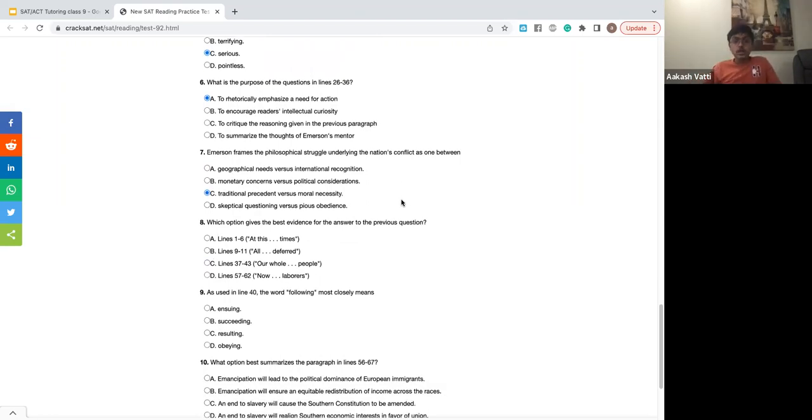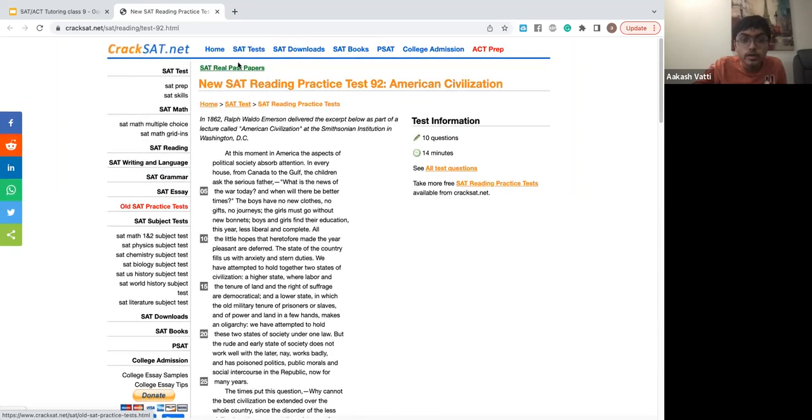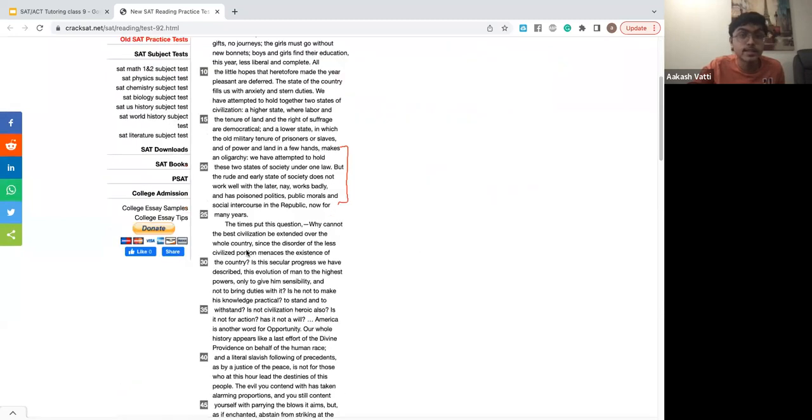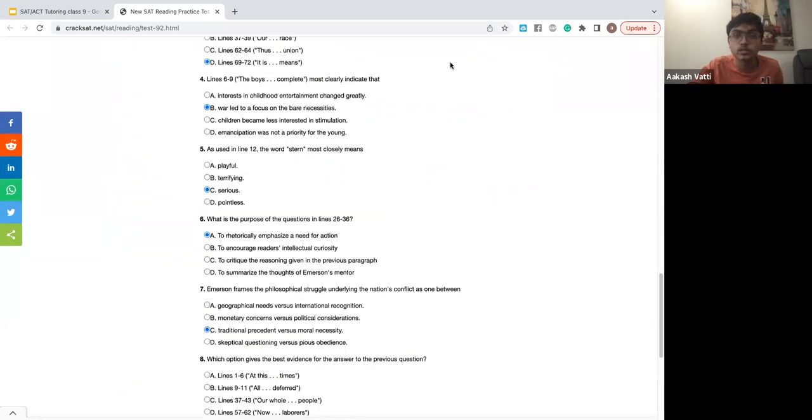Which option gives the best evidence for the answer to the previous question? So number 1 is 1 to 6, right here. And no, that doesn't say tradition versus moral necessity. That does not say that. Therefore, the answer can't be 1.